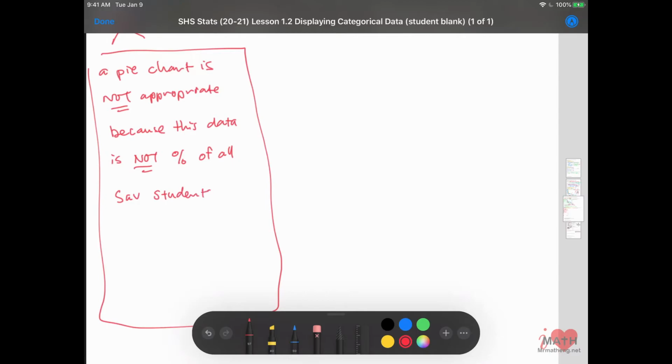If I told you there's 1,000 students in the school, then you can figure out how many students there are in the class. Because they are percents, they do not sum to 100.